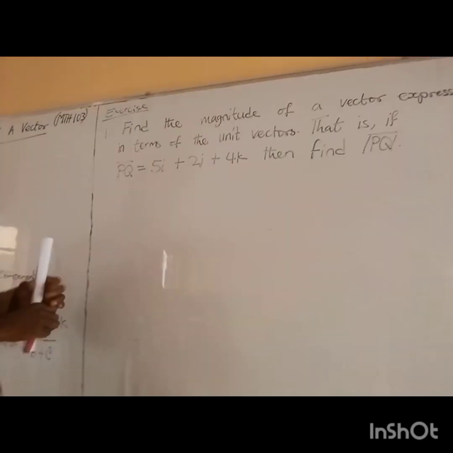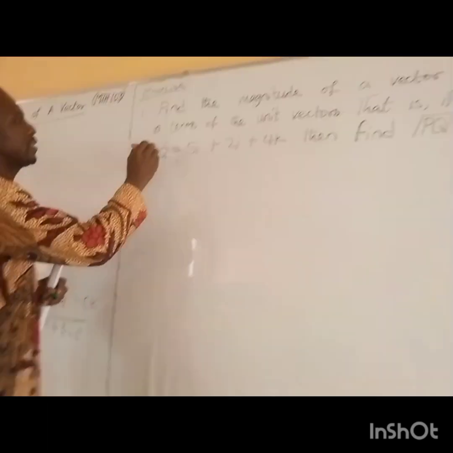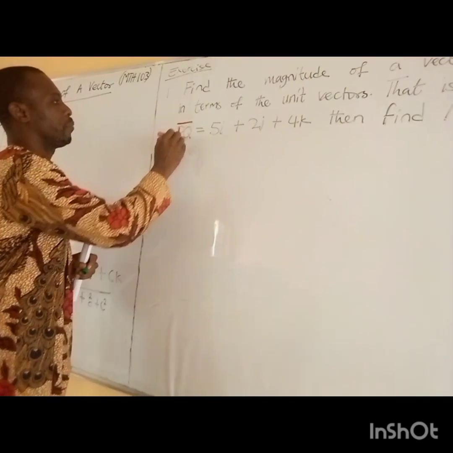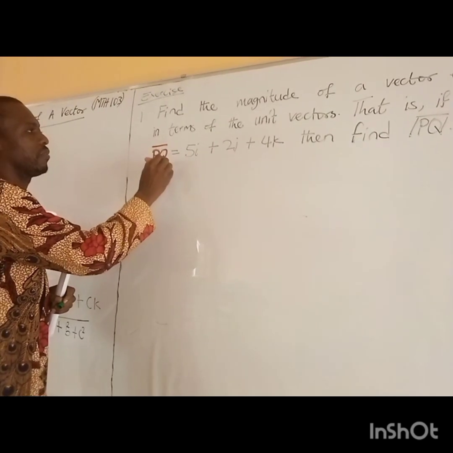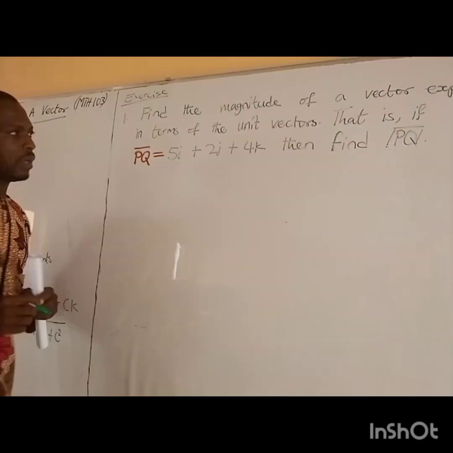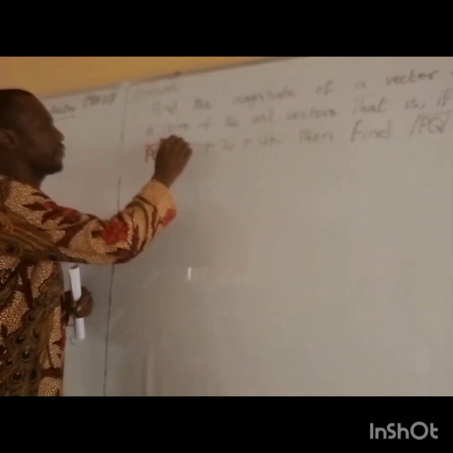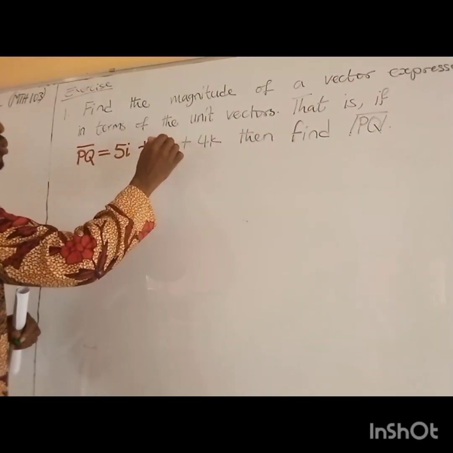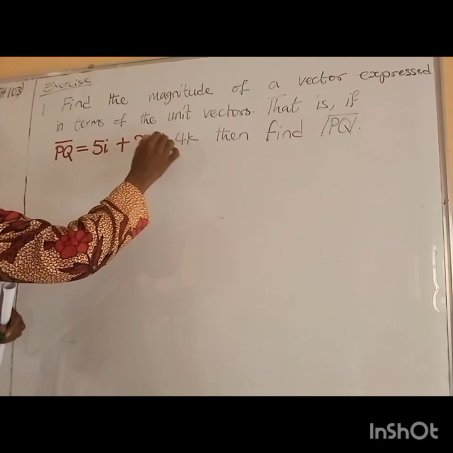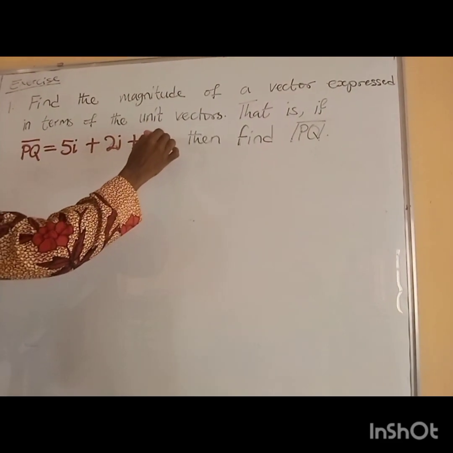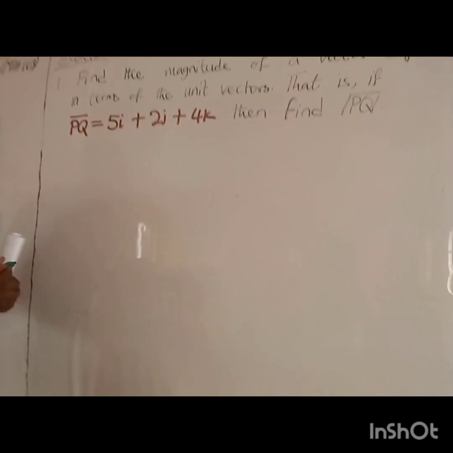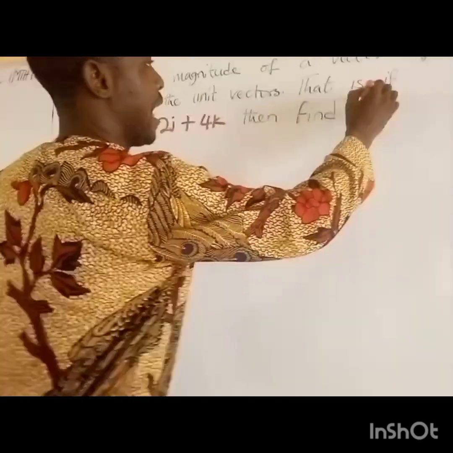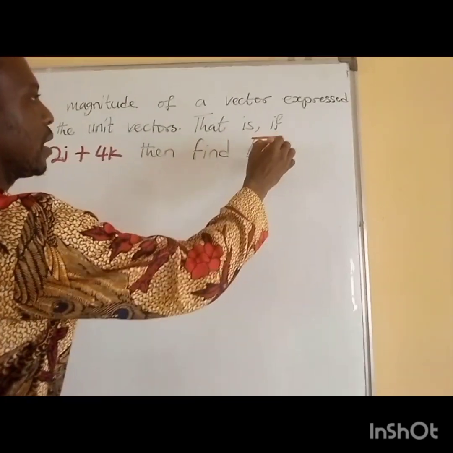That is, if line PQ, which is a vector, is equal to 5i plus 2j plus 4k, we are asked to find the magnitude of PQ.